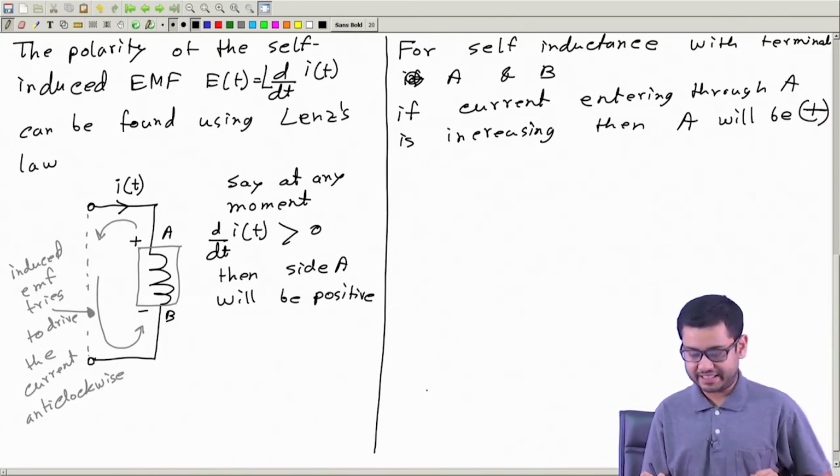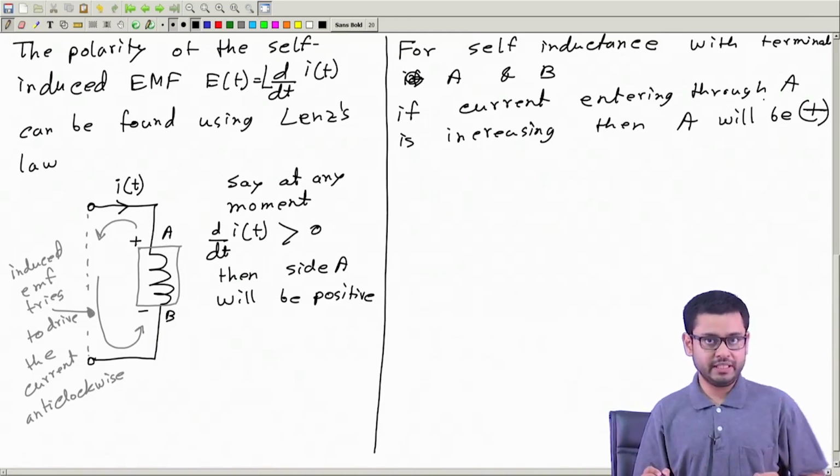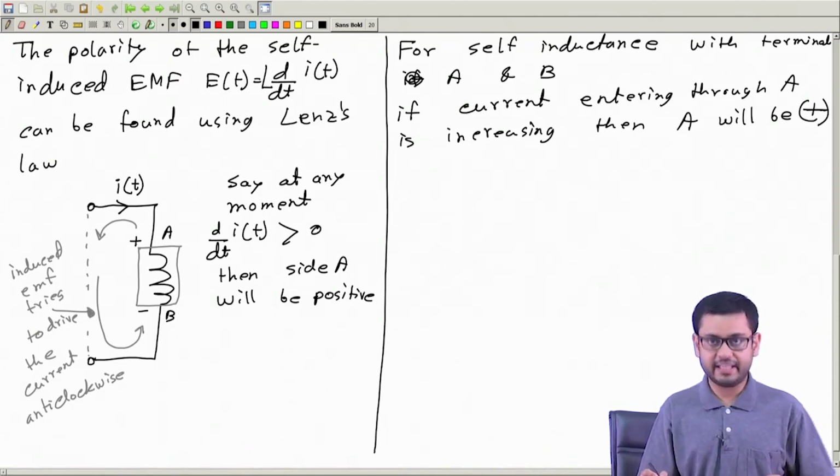So now you can extend this idea that if current entering through B is increasing, then B will be positive. Similarly, if current entering through A is decreasing, then A will be negative.